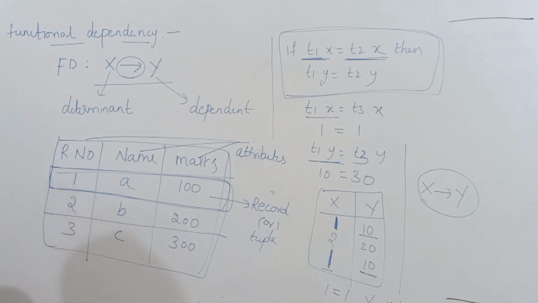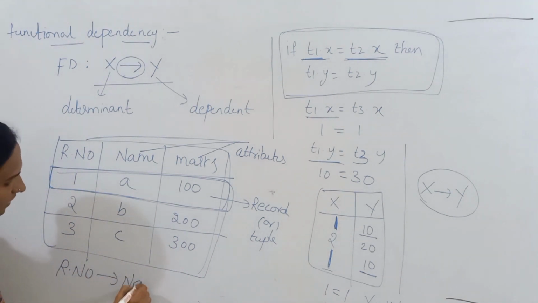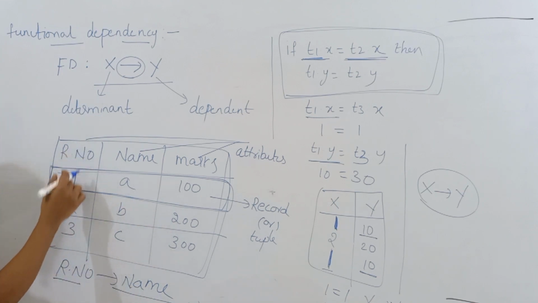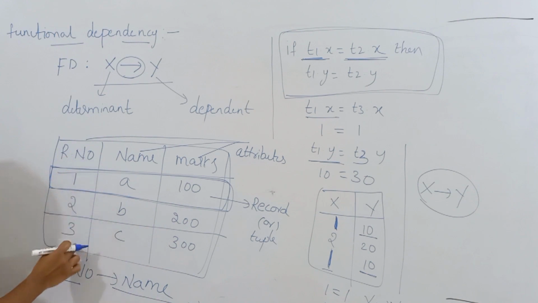Now we will check whether the functional dependency exists or not. First we will check roll number determines name. Does this type of functional dependency exist or not? So roll number, what are the values of roll number? 1, 2, 3.